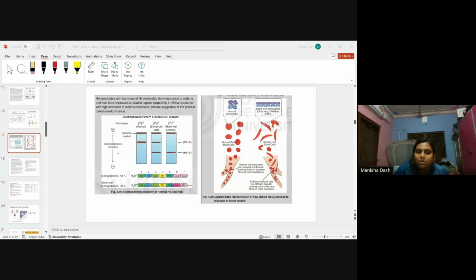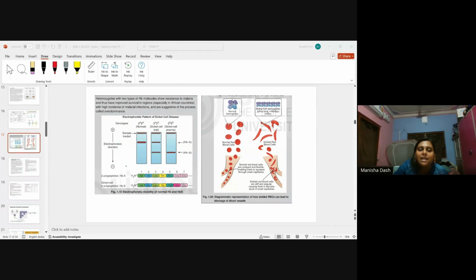In case of heterozygous, where there is one normal copy, that copy will stay here. The other copy, which is mutated and a smaller fragment, can move a little farther. So this is representing a heterozygous condition, a normal globin gene and a mutated globin gene.